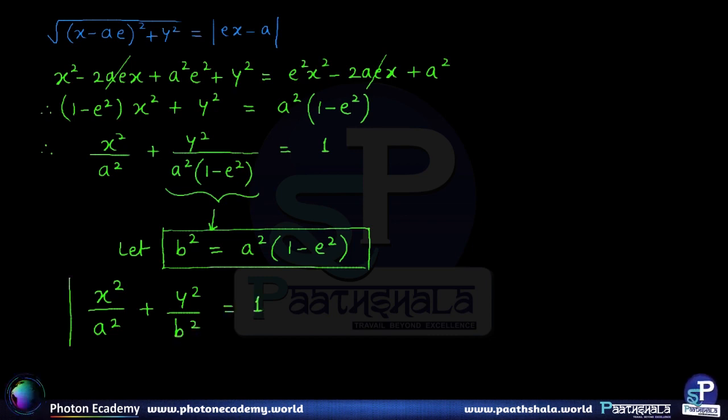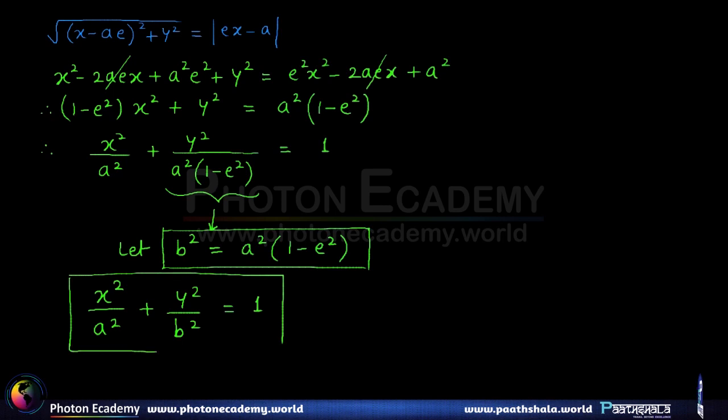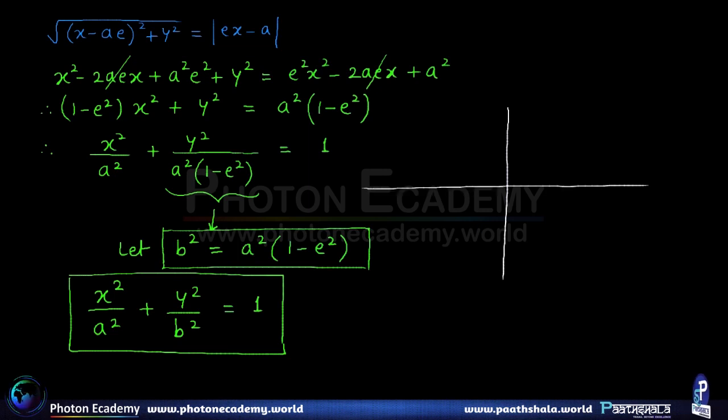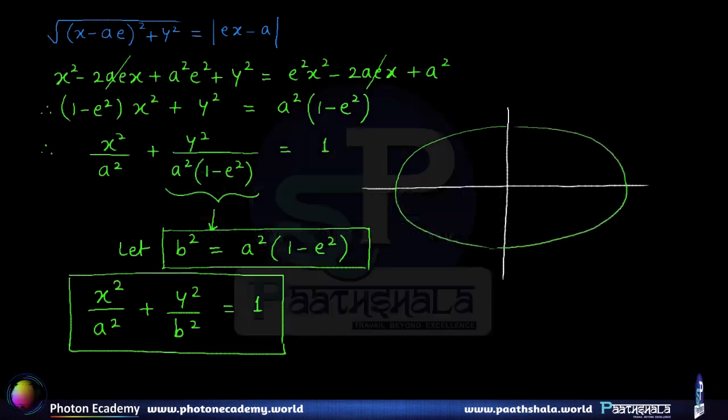So this is the equation, the standard form of the equation of the ellipse, and the ellipse will have the shape, if you plot all those points which satisfy the condition, then the ellipse will look like this, which we call in day-to-day life as oval, the oval shape. Okay, that is in maths it is called as the ellipse, and these are the two foci, that is S and S dash.